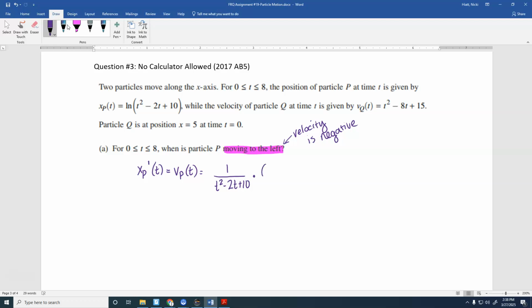So you got to multiply it by 2t minus 2. And that is in the numerator there. So I would write this as 2t minus 2 over t squared minus 2t plus 10.